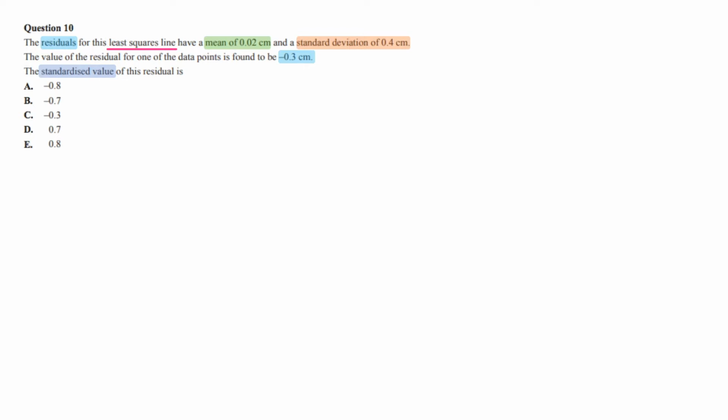The formula used to calculate the standardized value is equal to the score minus mean, all divided by the standard deviation. The score is negative 0.3, the mean is 0.02, all divided by the standard deviation, which is 0.4. So the standardized value for this residual is negative 0.8.